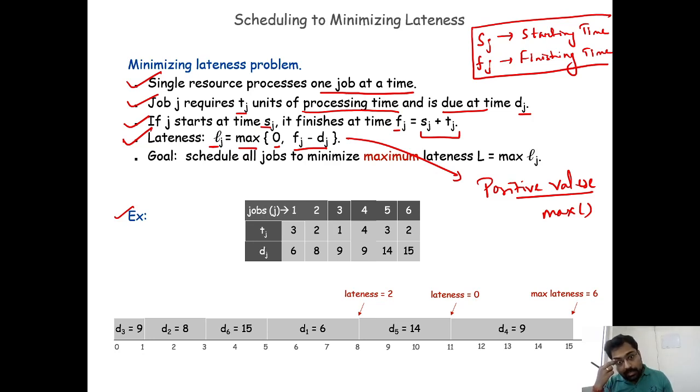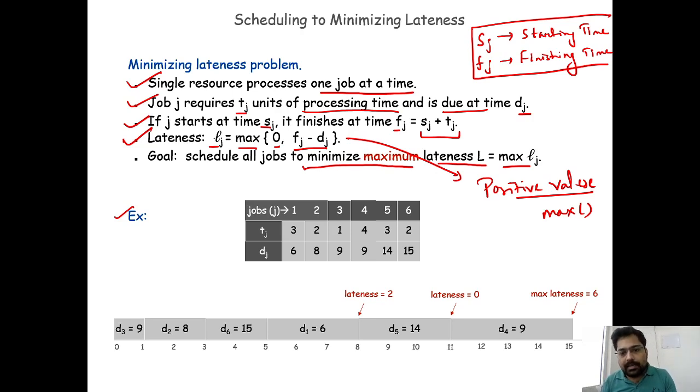Now the goal is that we schedule all the jobs in such a way that we minimize the maximum lateness. What the maximum lateness is, we'll also discuss from this example, don't worry about it. There are definitely many latenesses, might be 1, 2, 3, 4, 5, that we find.